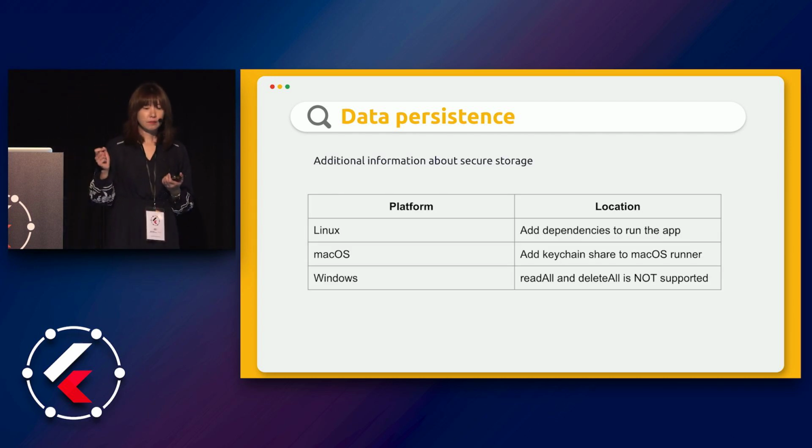About secure storage, there are some extra requirements for those platforms. So if you run into issues, it doesn't mean you have bugs in your code. It might be just different requirements for different systems. For example, for macOS, you need to add a keychain share to the macOS runner.